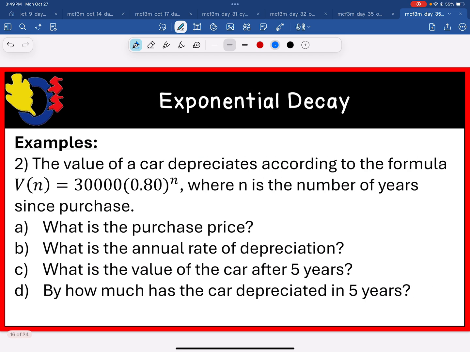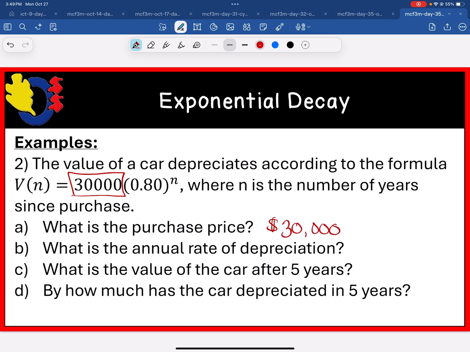Okay, so let's look at another example where I give you an equation and we have to interpolate information from the equation. The value of a car depreciates according to the formula V at N is equal to 30,000 times 0.80 to the exponent N, where N is the number of years since purchase. So the purchase price is $30,000.